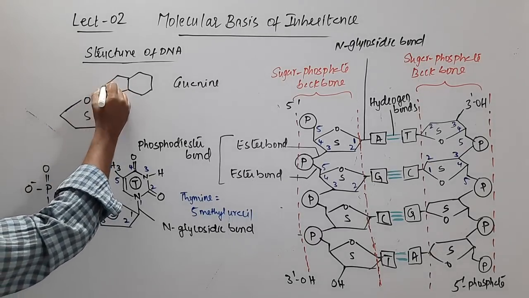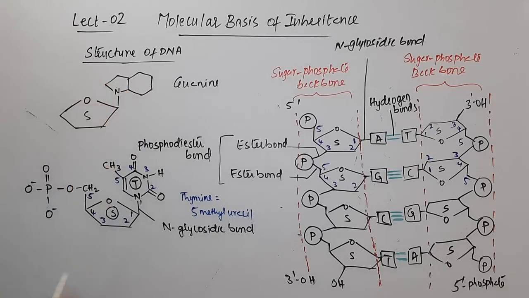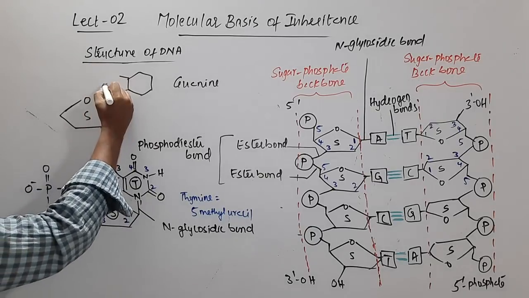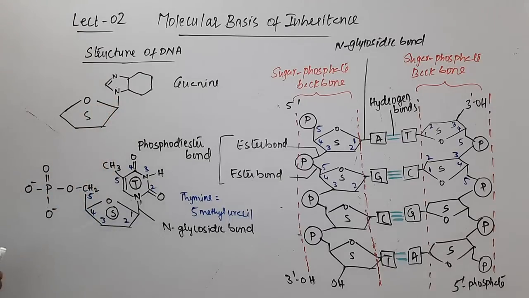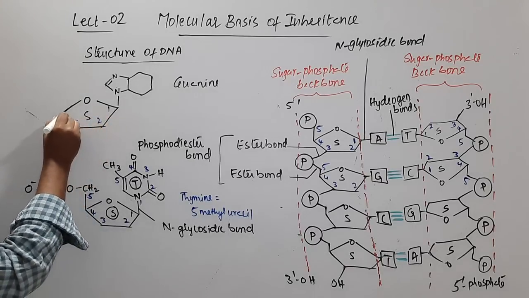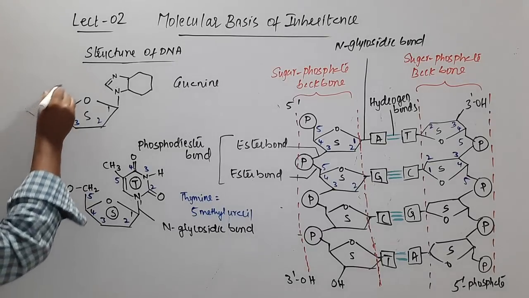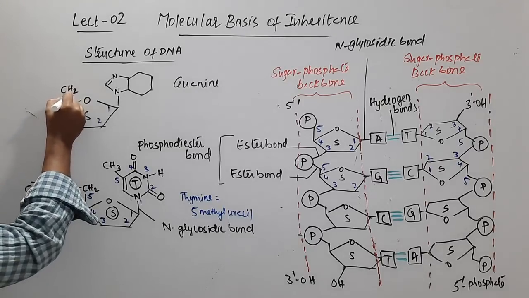Again here N, so that will be the N linkage, and then one more and a double bond. This is the first carbon, second, third, fourth, and the same we will see CH2, so that will be the fifth one.